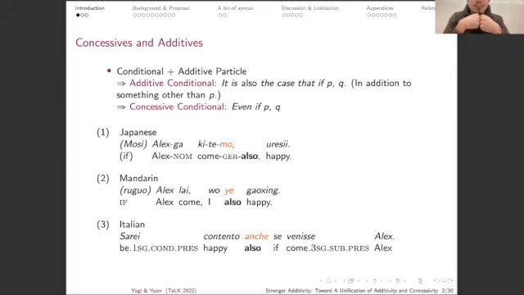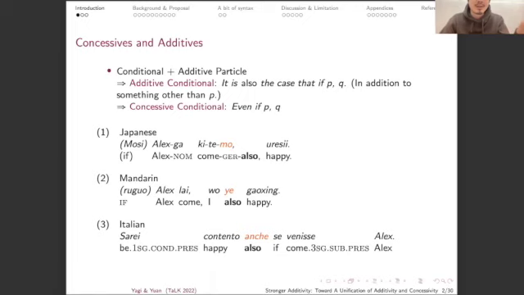In Japanese, in 1, maybe you are already familiar with the Japanese conditionals thanks to Mui. Here, moshi is, as Mui told us, an "if" word. And we can put an additive particle mo at the end of the antecedent of the conditional. Since Japanese can drop the subject, we can just say "happy", but it means "I am happy".